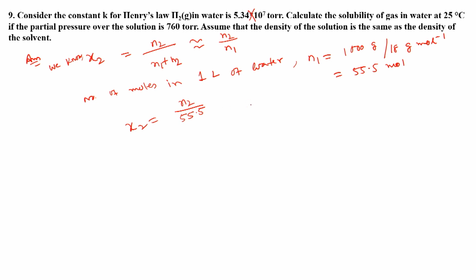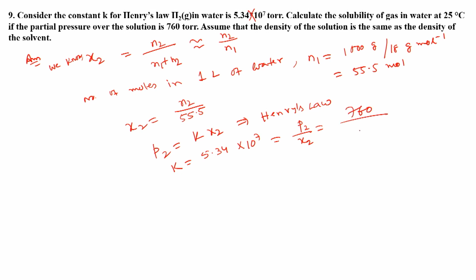So P2 is K times X2, according to Henry's law. And K is 5.34 times 10 to the 7, equals P2 by X2. So we write 760 by N2 by 55.5.